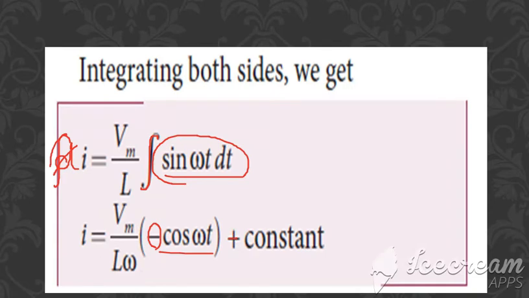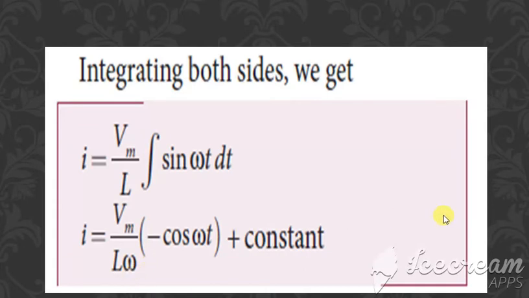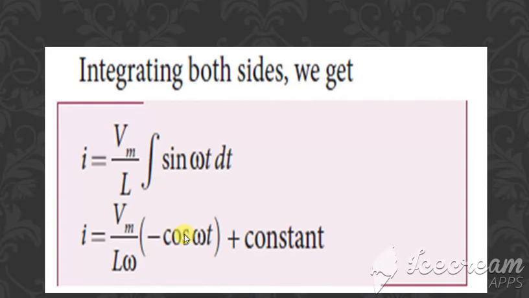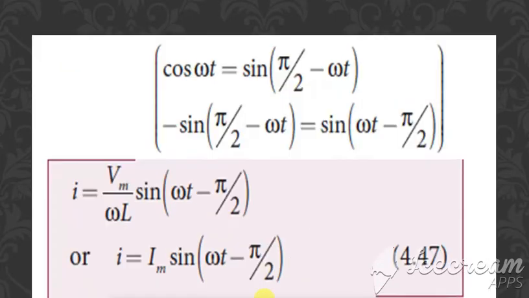Okay, and Vm divided by omega L we write as capital Im. Then we have cos omega t. How do we write cos omega t? Cos theta can be written as sin of 90 minus theta. Cos theta is equal to what? Sin 90 minus theta. Instead of 90 we write pi by 2, and instead of theta, omega t.